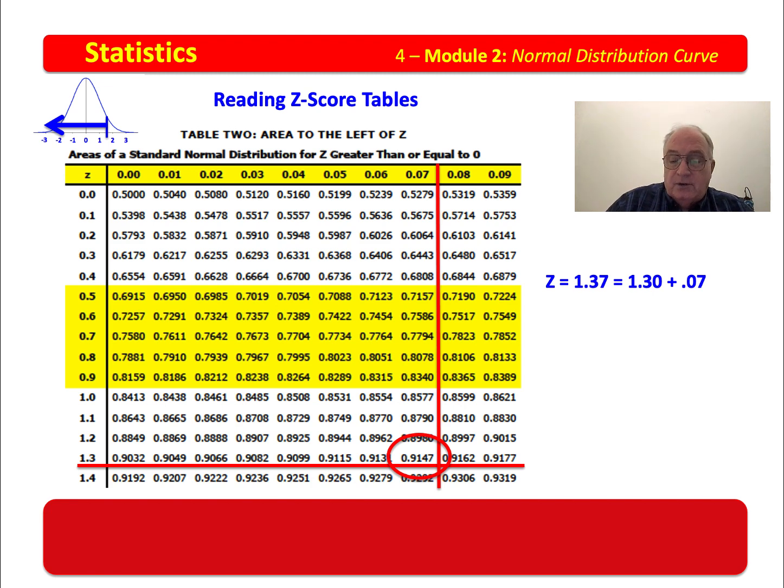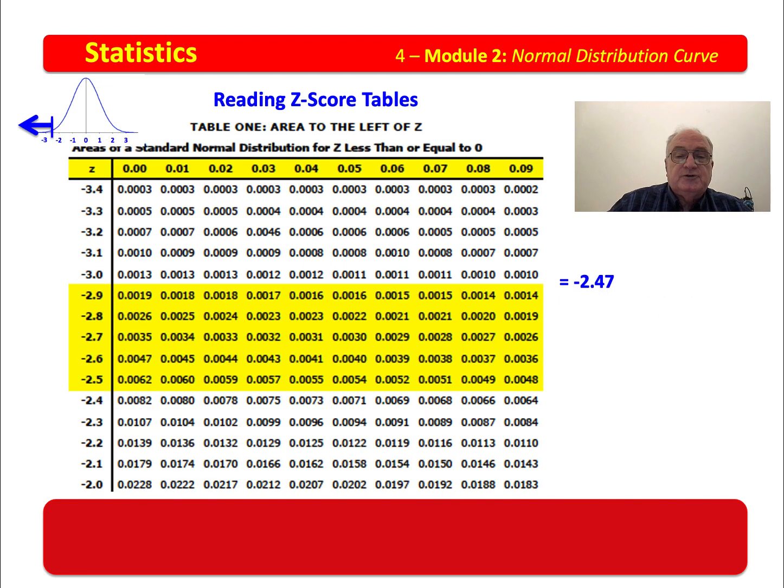You just have to learn to read the tables, and they're not really very hard to read. The notation would be: what is the area for a z-score of 1.37, or to the left of? So it's 0.9147, or 91.47%.